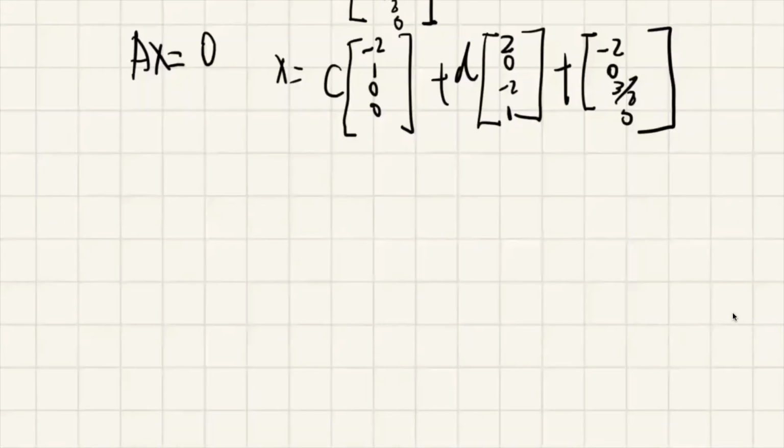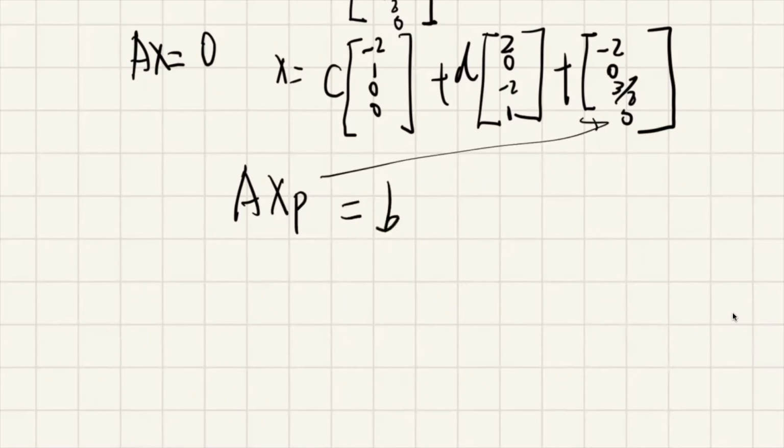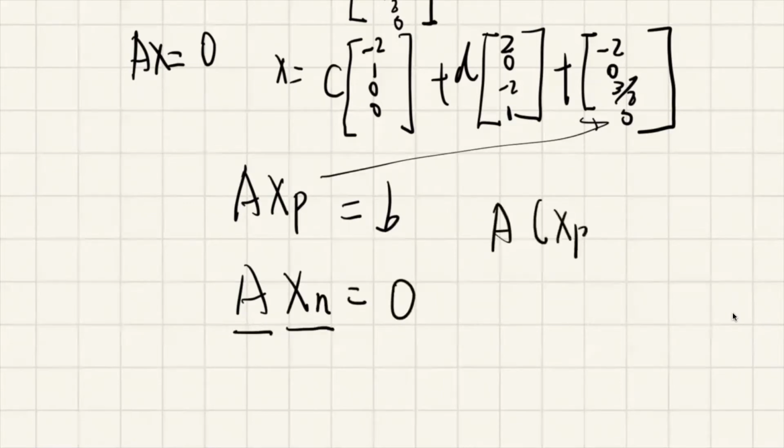Here what we got is, for instance, A times the particular solution xp equals b. That's something we got. And also what we got in the previous session, A times xn, the null space solution, equals 0. So here xp plus xn, the first added to the second, equals b.